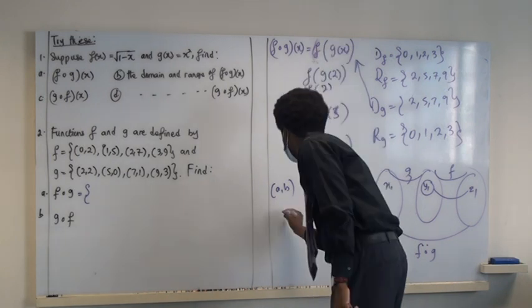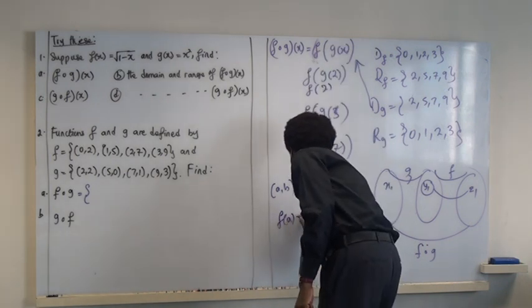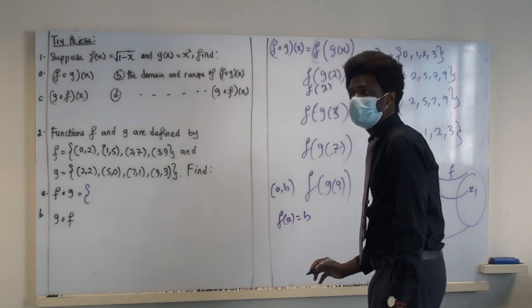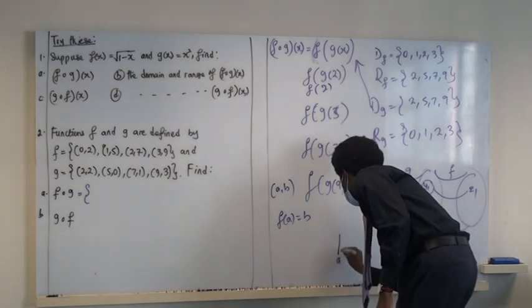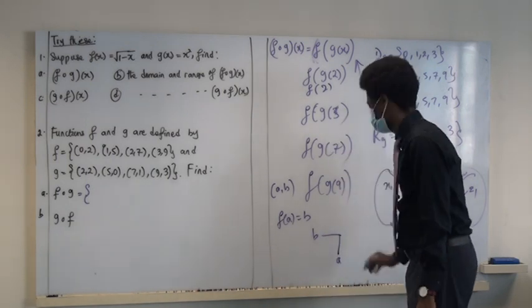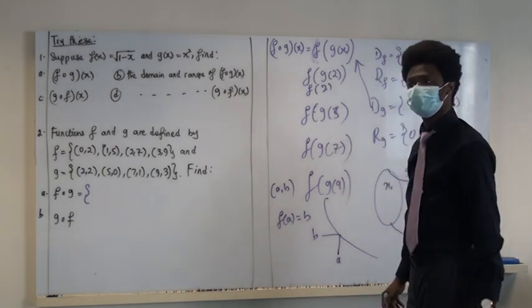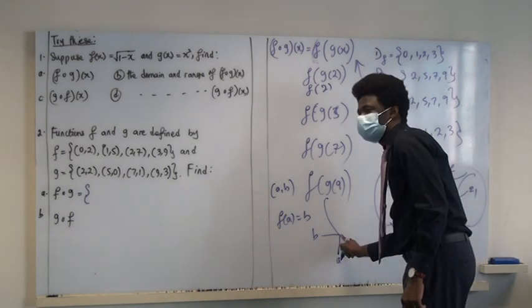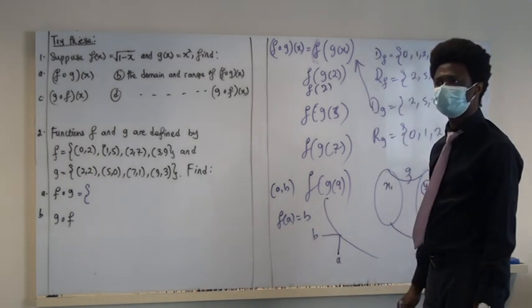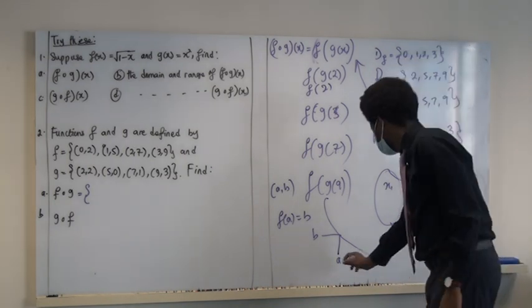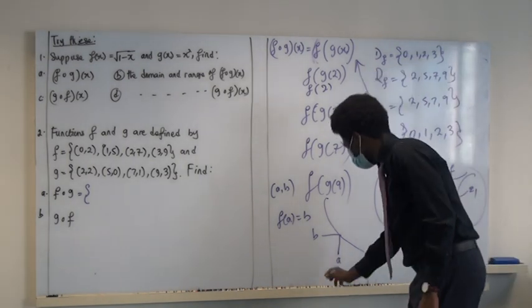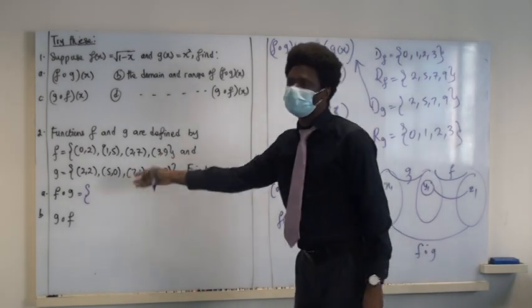It means f of a is equal to b, which means a is the x coordinate and b is the y coordinate on that curve. So this is your input, this is the output. This is your domain on the x-axis, your range is on the y-axis. That's exactly what you're looking at.